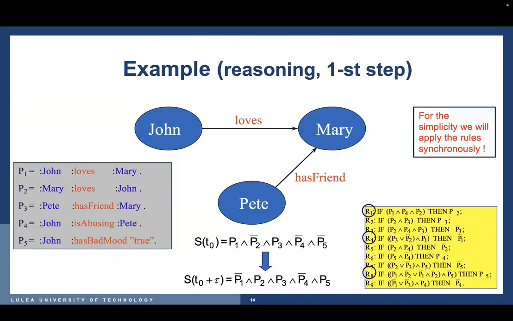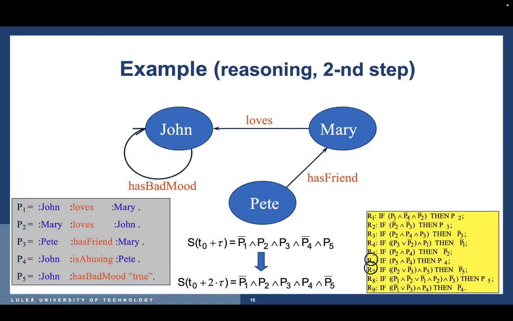So what happens in this world described by these rules if we have this kind of initial starting point, that John loves Mary and Mary is the friend of Pete? So this is your query. And under non-monotonic reasoning, you basically apply these rules pretty much in the same way that we did with our little example.